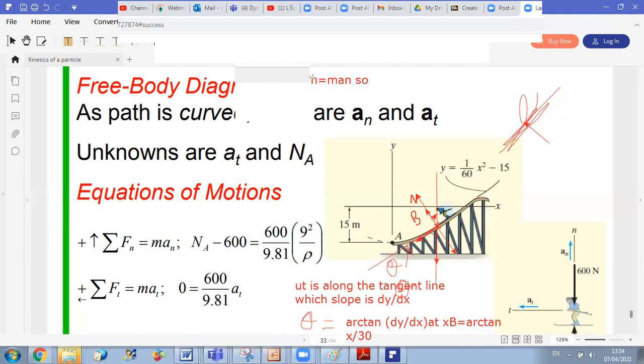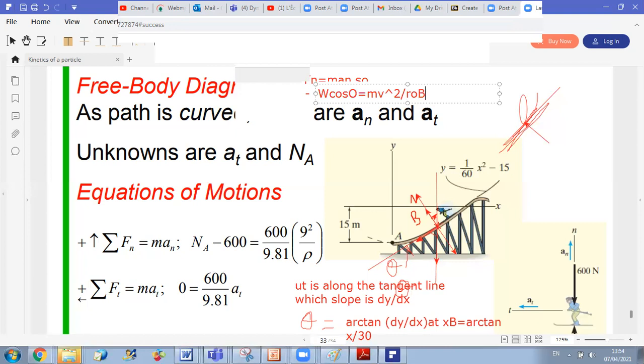So I will write here N minus W cosine of theta equals M V square over the radius of curvature.